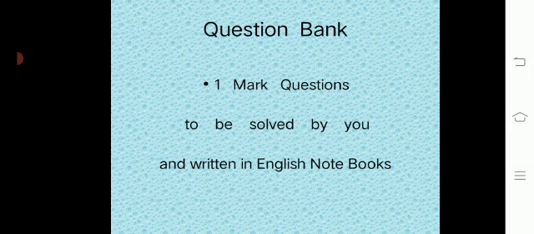So this is a phrase. Or at the most, one sentence. Not one line, one complete sentence. Let's say, for example, who is the king of the jungle? You can simply write the lion, or you can put it in a complete sentence: the king of the jungle is the lion. So clear? This is how you have to answer 1 mark questions.